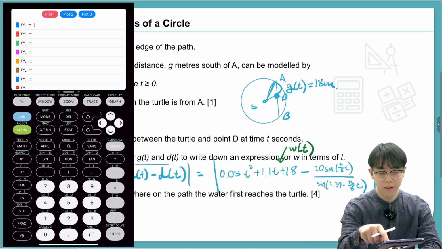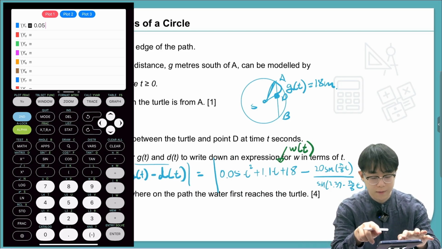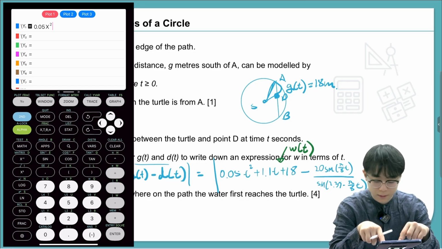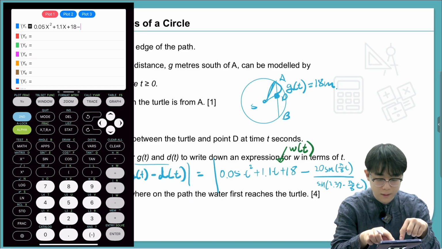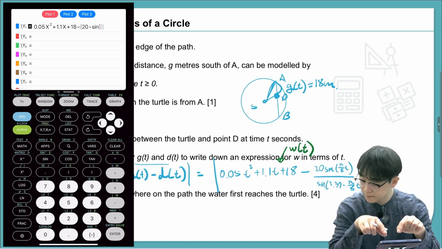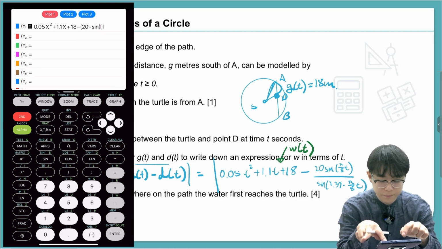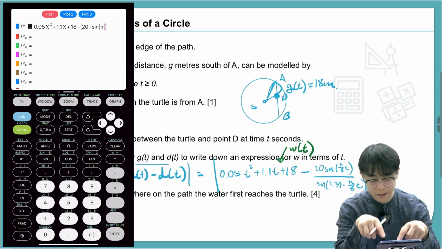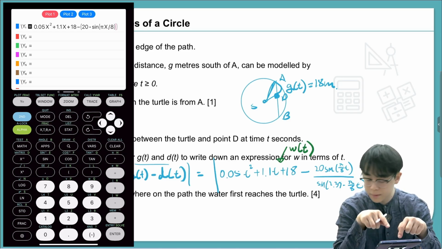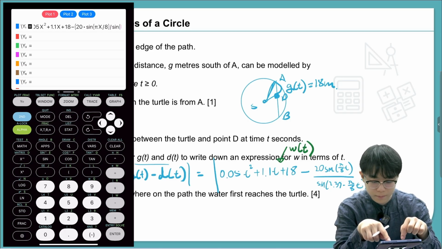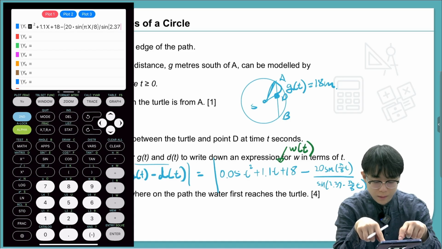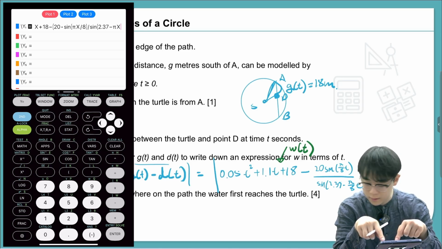So we would have 0.05 x squared plus 1.1 x plus 18 minus 20 times sine(pi t over 8, or pi x over 8), and then we would divide by sine of 2.37 minus pi t, or pi x over 8.